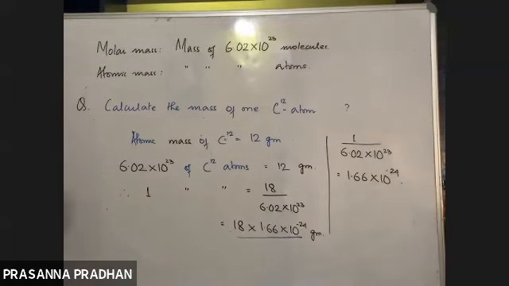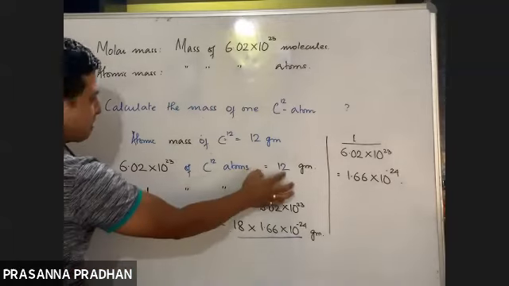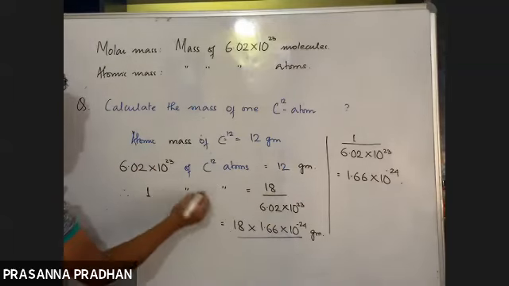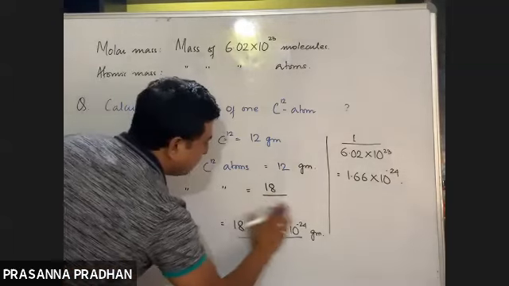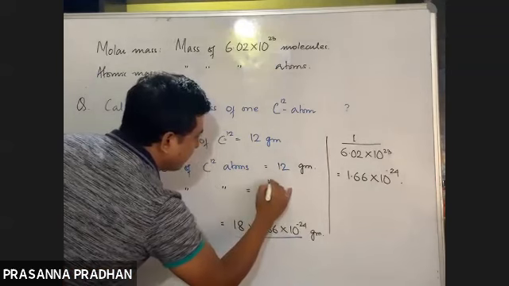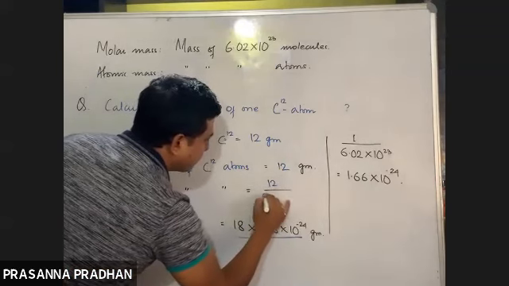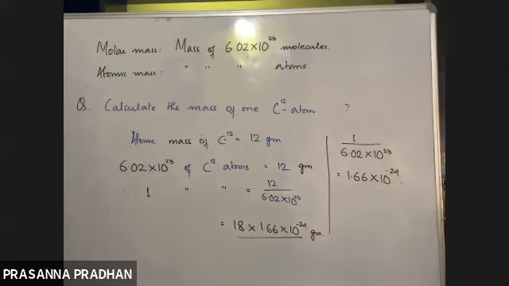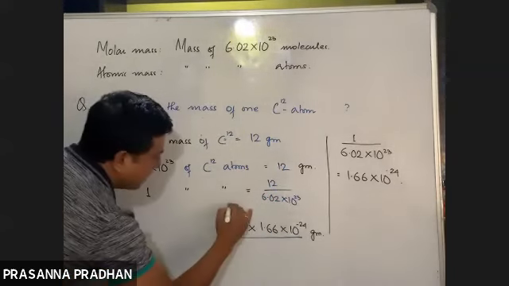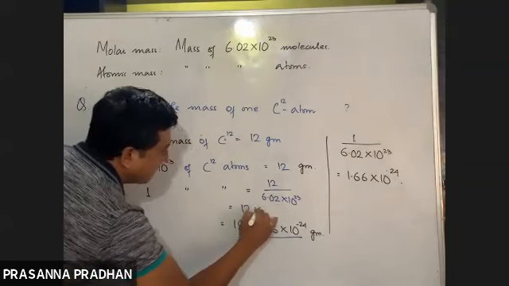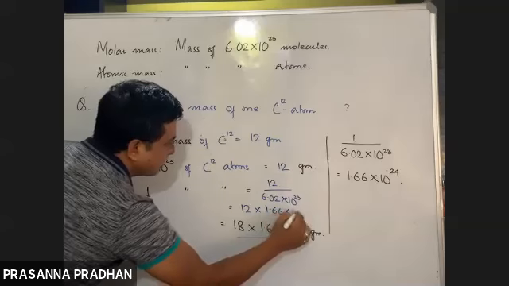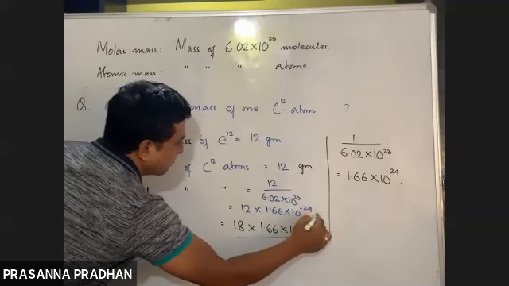So one atom of carbon will be how much gram? It will be 12 divided by 6.02 into 10 to the power 23. This will be equal to 12 multiplied by 1 by Avogadro number, 1.66 into 10 to the power minus 24 gram.